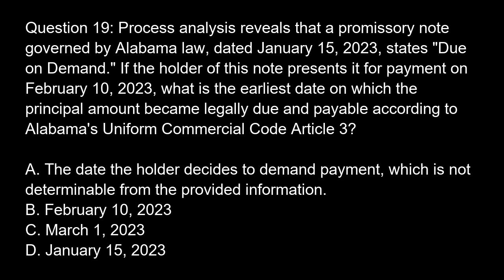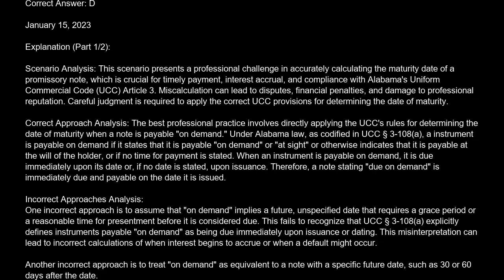Option A. The date the holder decides to demand payment, which is not determinable from the provided information. Option B. February 10, 2023. Option C. March 1, 2023. Option D. January 15, 2023. Correct answer is D. January 15, 2023.